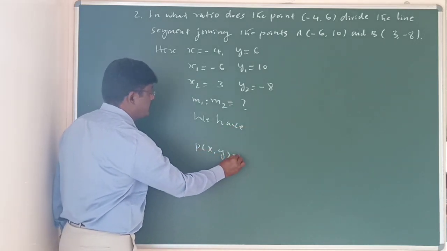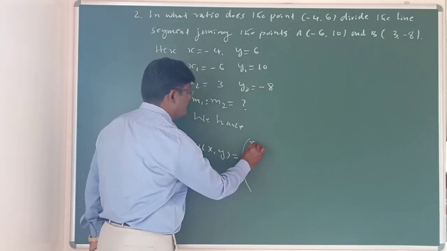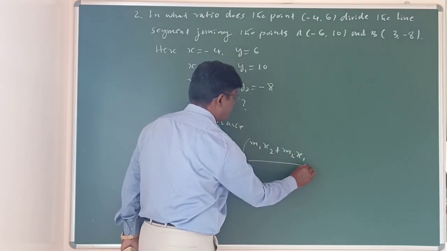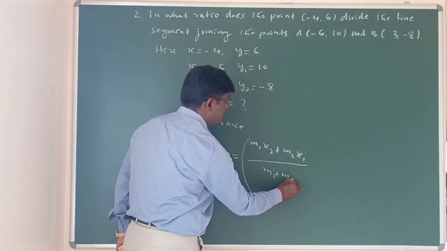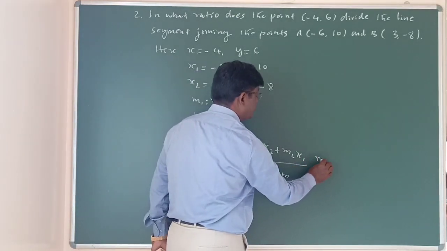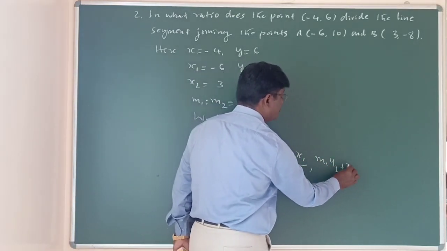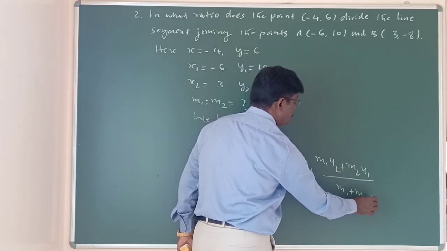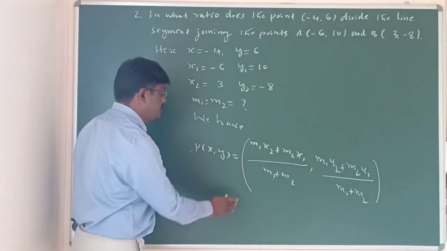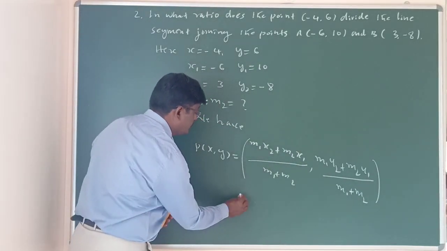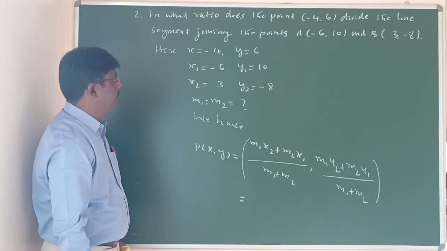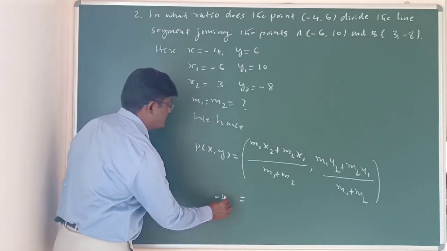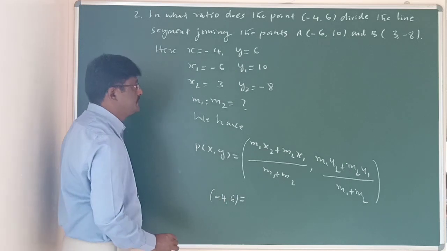P of x comma y equal to (m1 x2 + m2 x1) / (m1 + m2), comma, (m1 y2 + m2 y1) / (m1 + m2). Let us substitute. P of x comma y, since we know x and y, substitute those points: (-4, 6).